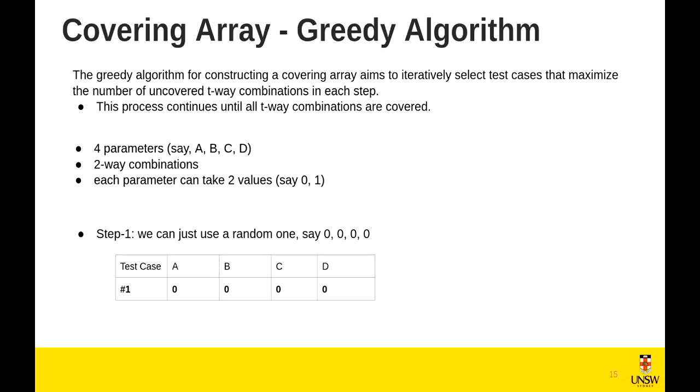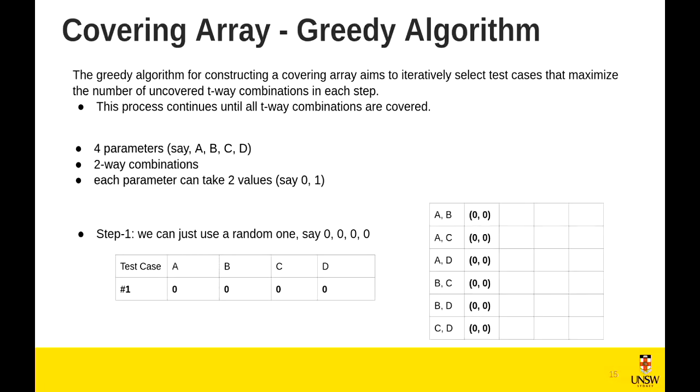This is the covering array we have, with A, B, C, and D all taking the value 0. And this is the table to check which combinations we have covered. We still have 6 pairs, and for all the pairs we are covering the 0 and 0 case. So this is step 1.